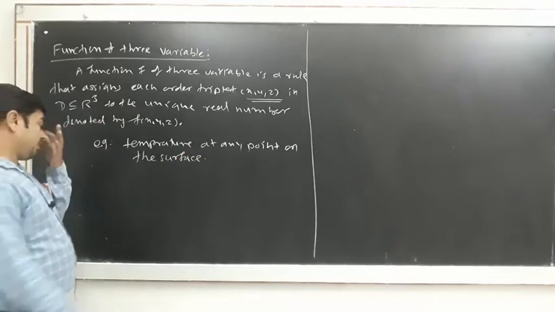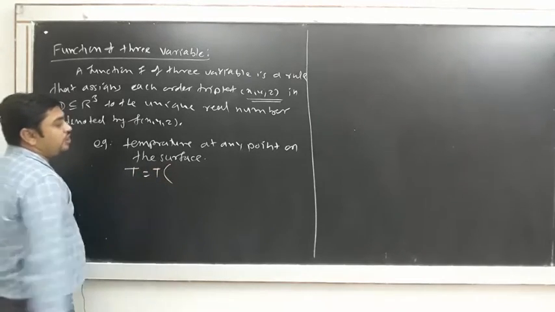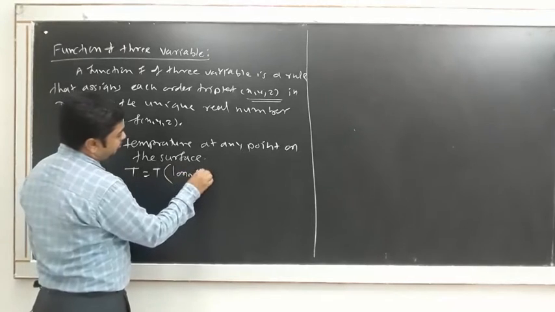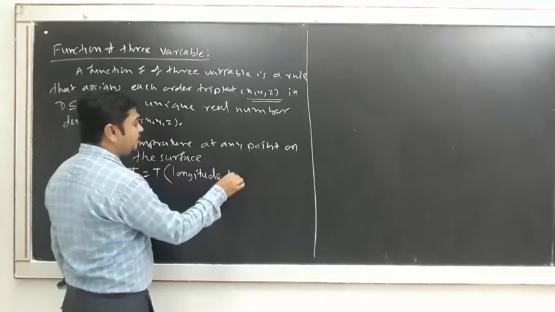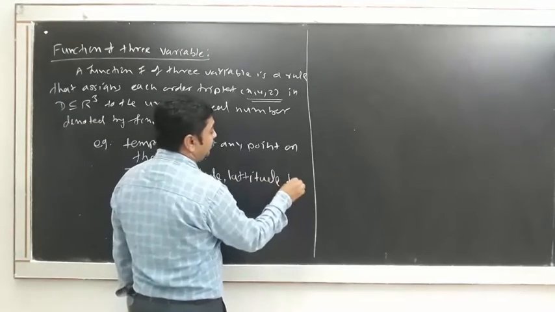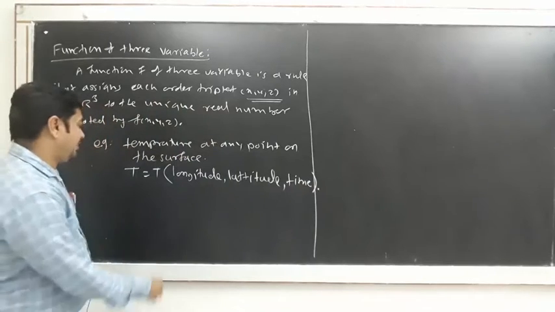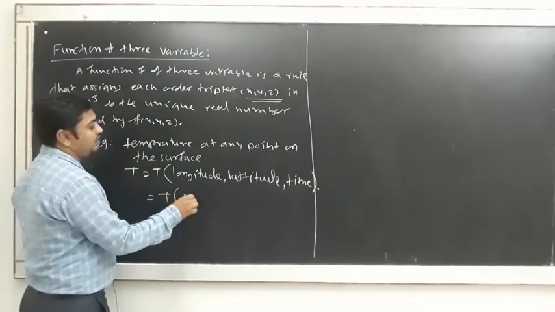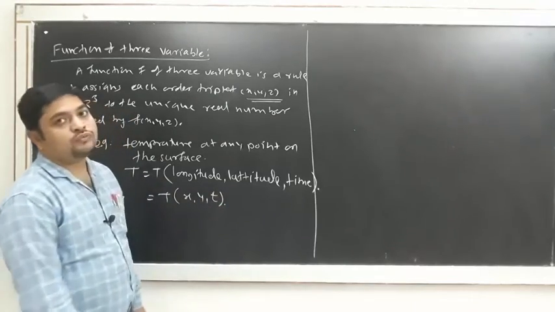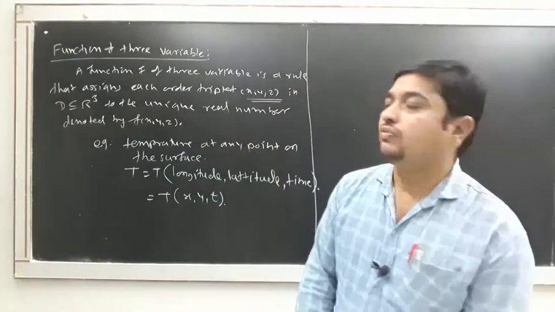The temperature T depends on longitude, latitude and time. We can say at what time the temperature is taken, so this is x, y and t. So the temperature is a function of three variables.